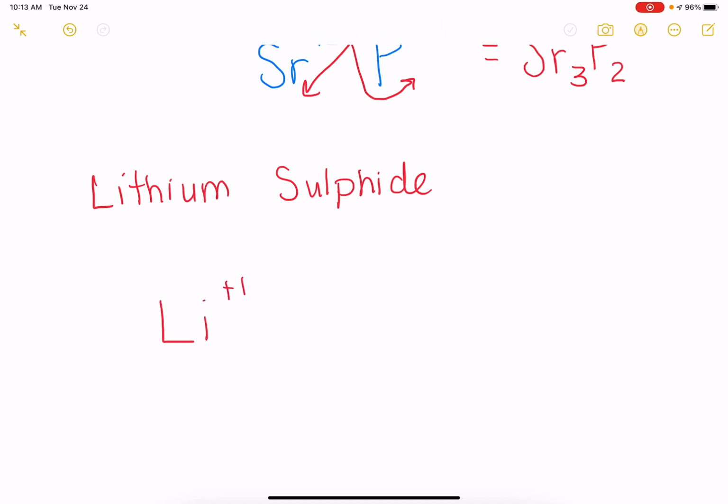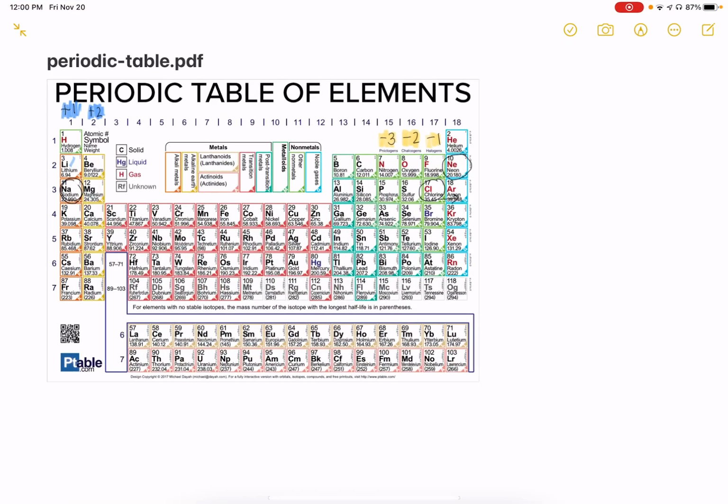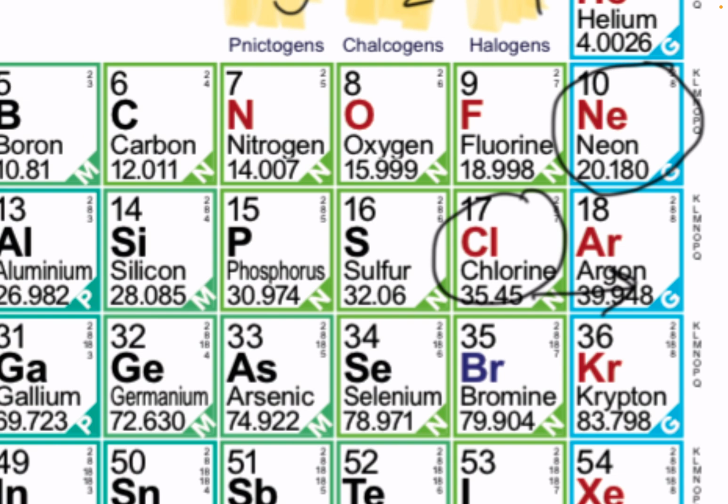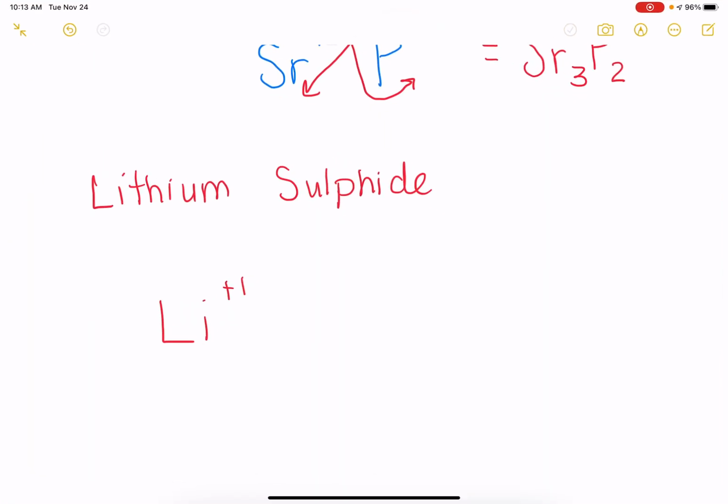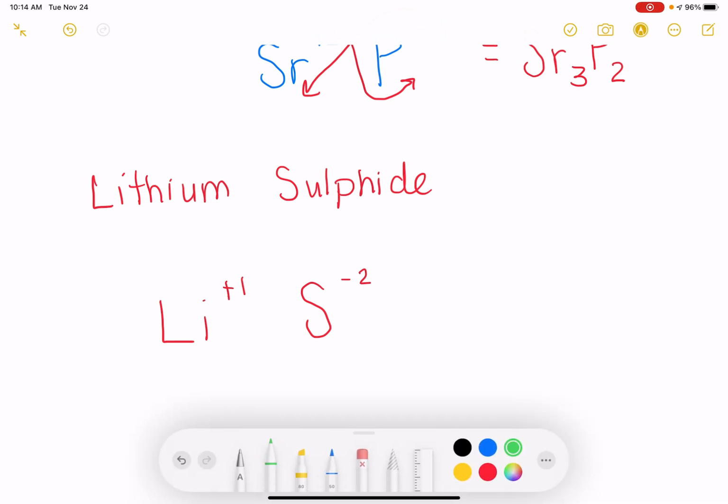And then sulfide. Again, it's not sulfide. It's like sulfa something. It's sulfur, number 16. And it's in that -2 column. So if we've got the -2, we've got the +1. They're not the same. So when they're not the same, we need to do the crossover. So we take our 2 and we put it down here.